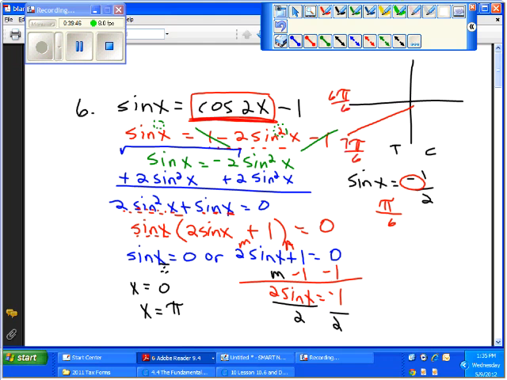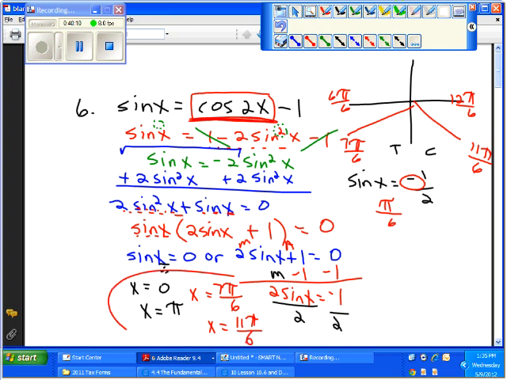Which will be 7 pi over 6. Or we need to be 1/6 less than 12 pi over 6, which is 11 pi over 6. So x equal 0, x equal pi, x equal 7 pi over 6, and x equal 11 pi over 6.